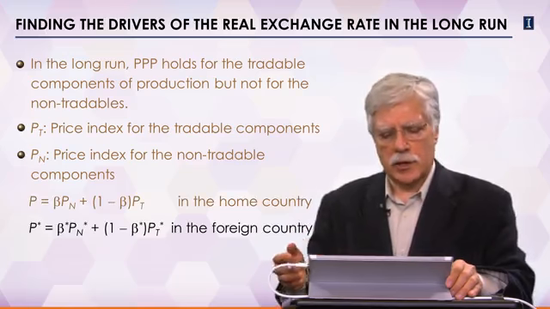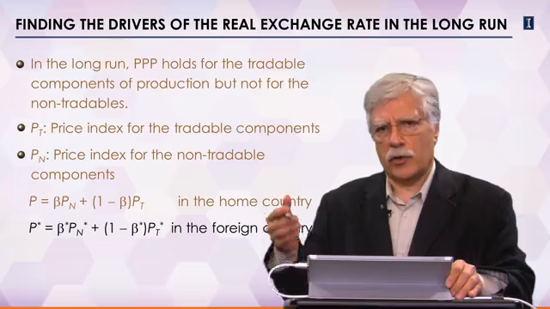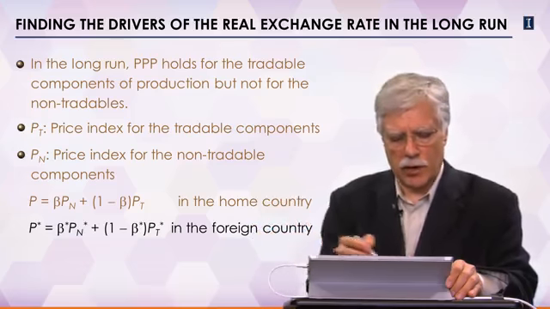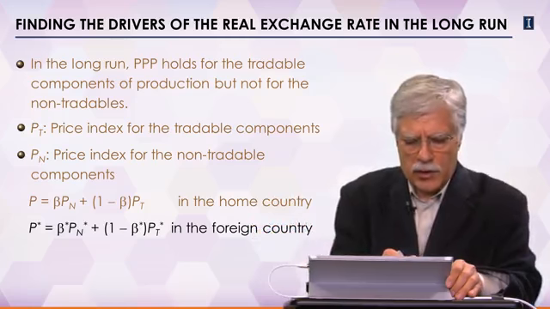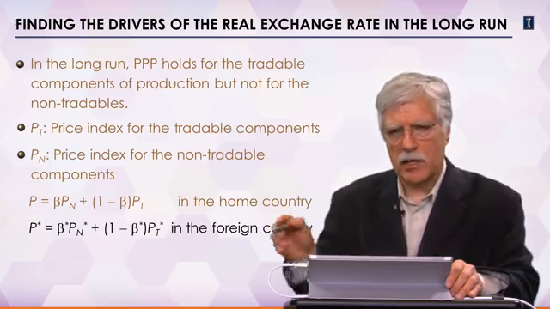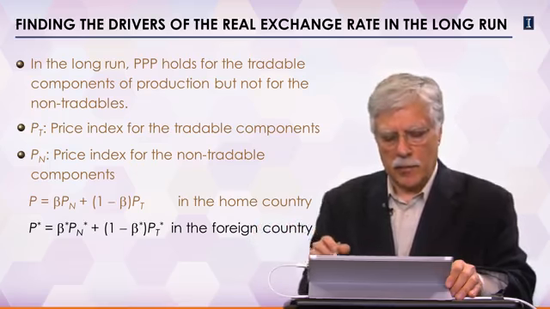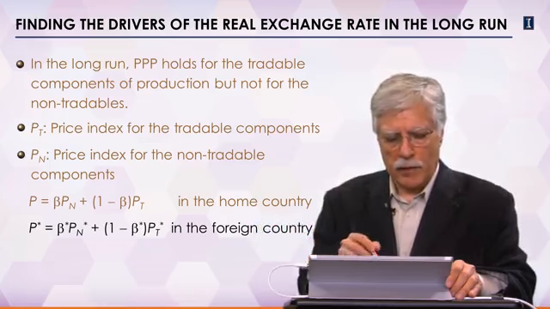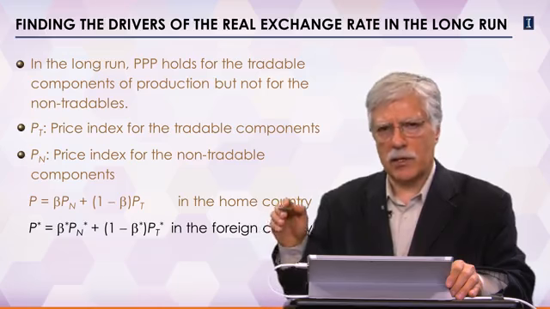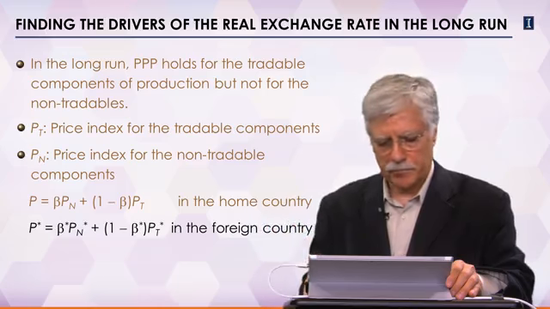A similar equation can also be written for a foreign country with which we are trading. P star is the price index of goods in the foreign country. Beta star is their share of non-tradables, and 1 minus beta star becomes their share of tradable goods. PN star is their non-tradable price index. PT star is their tradable price index.